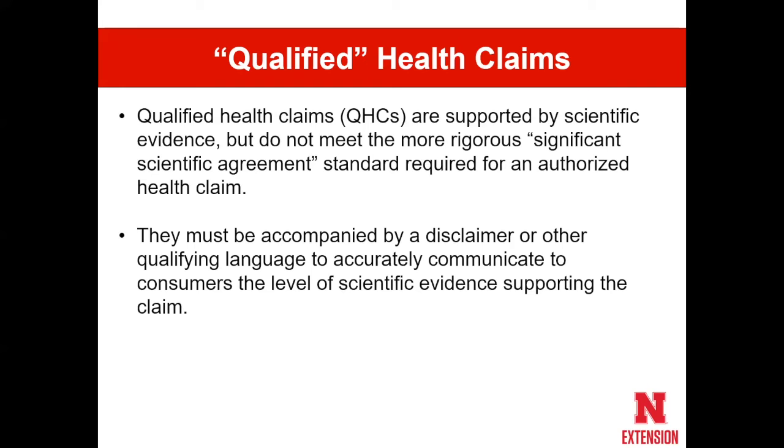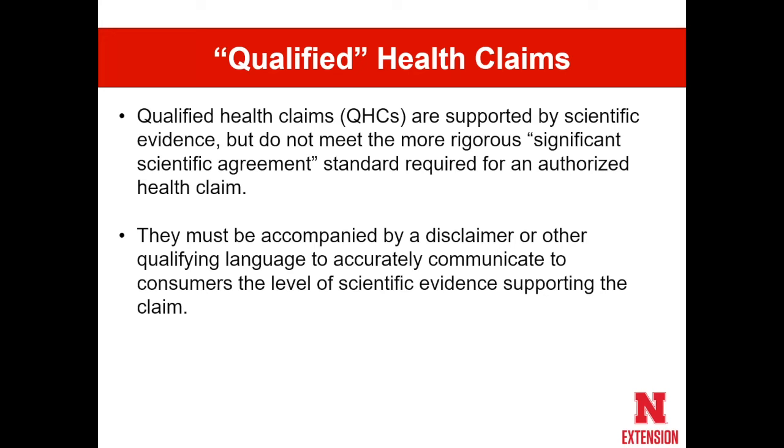So the second type of health claims that can be found on nutrition labels are qualified health claims. Qualified health claims are supported by scientific evidence, but there's not an overwhelming or significant scientific agreement on the statements.